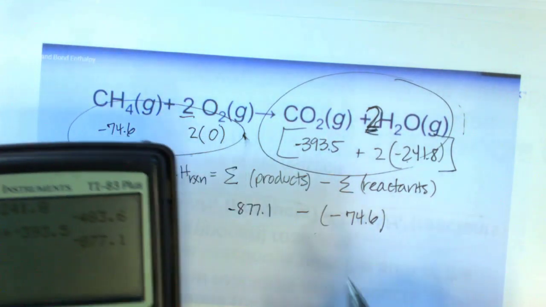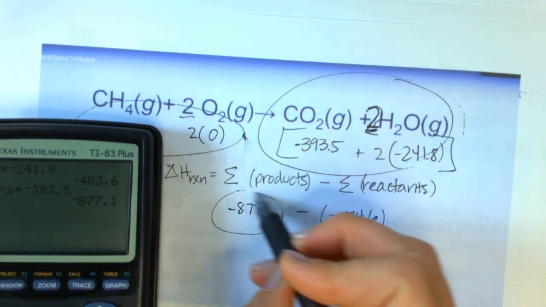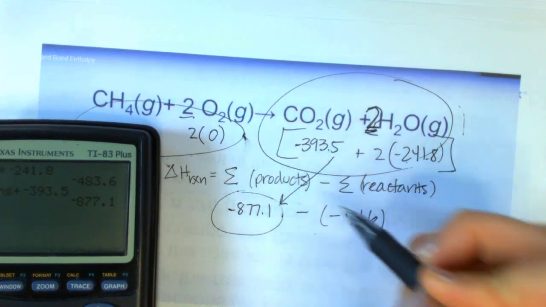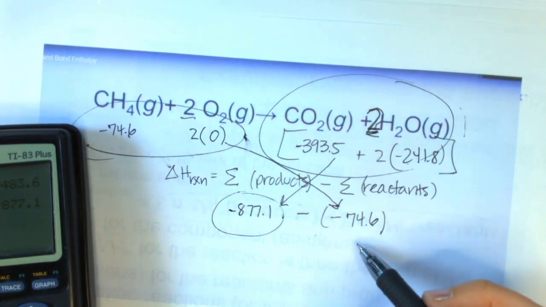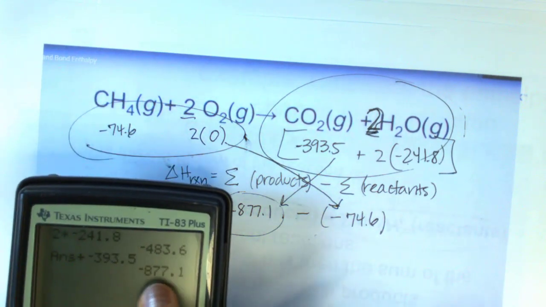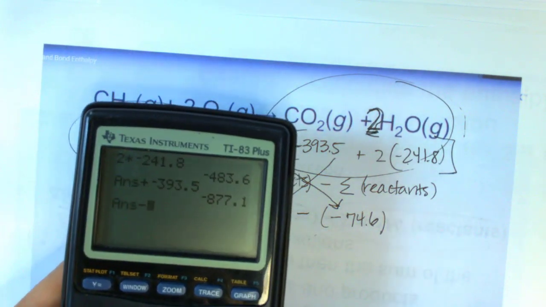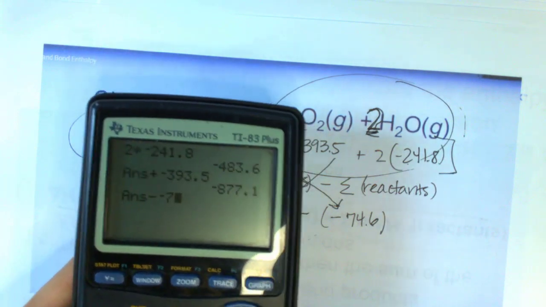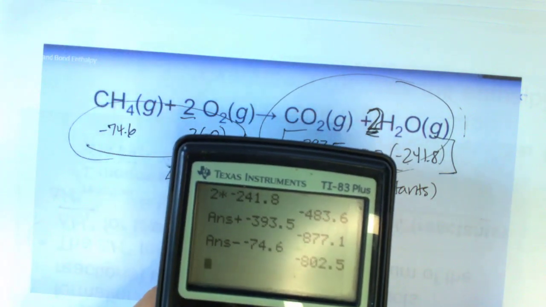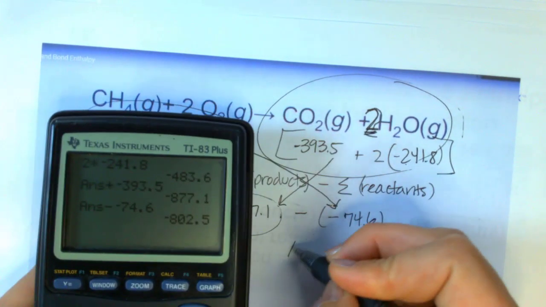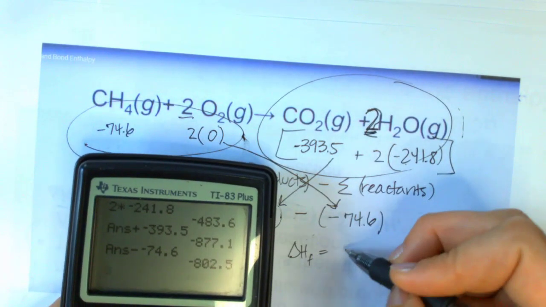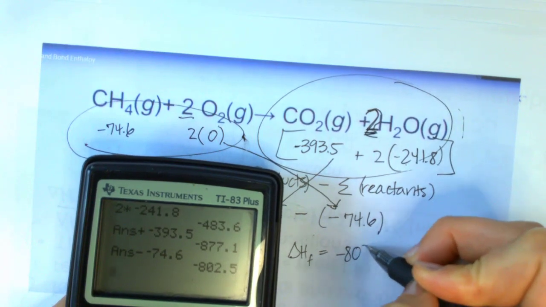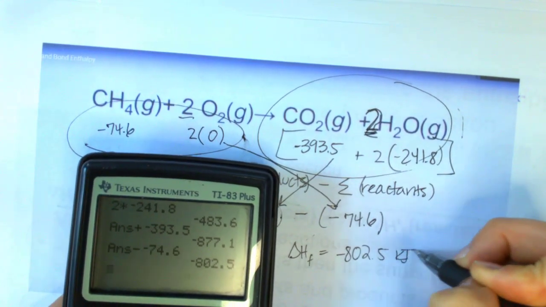Then I've got the sum of my products minus the sum of my reactants. So now let's do negative 877.1 minus a negative 74.6. And there we go. Our heat of formation for this whole reaction is negative 802.5 kilojoules.